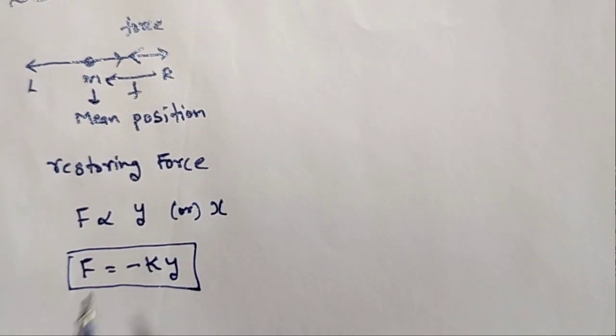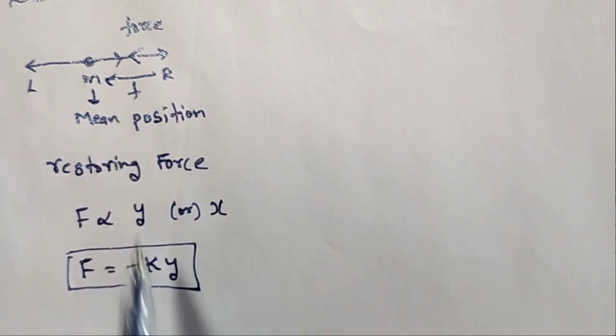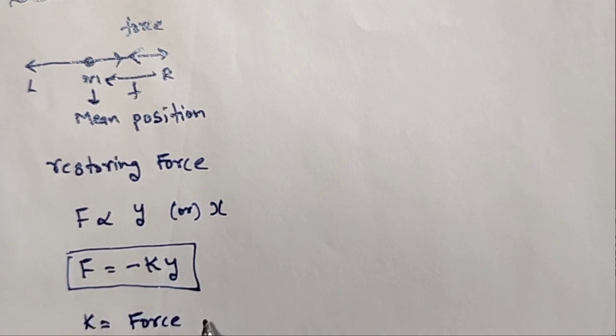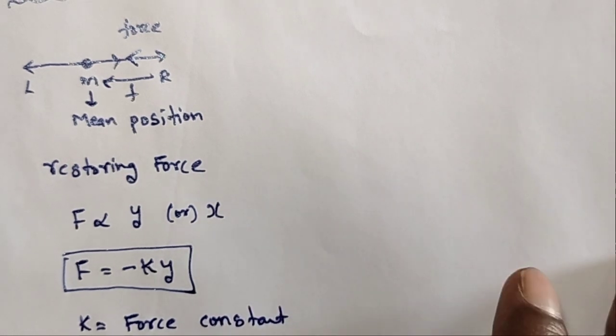The minus sign indicates the direction is opposite, towards the mean position. That is, the force and displacement are directly proportional and opposite to each other, where k is the force constant.